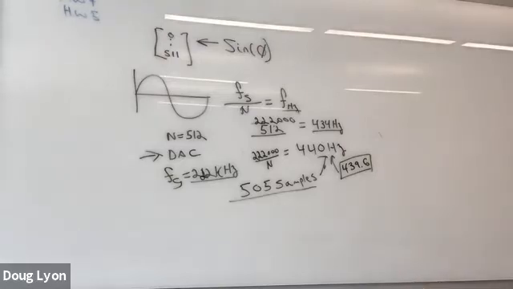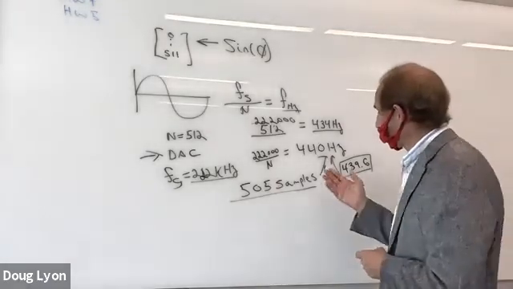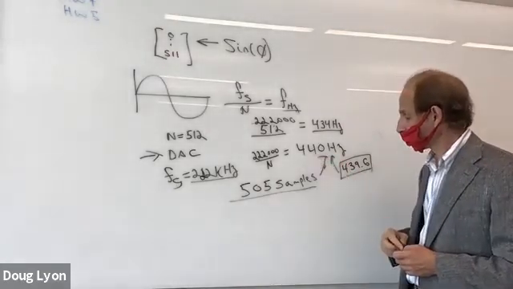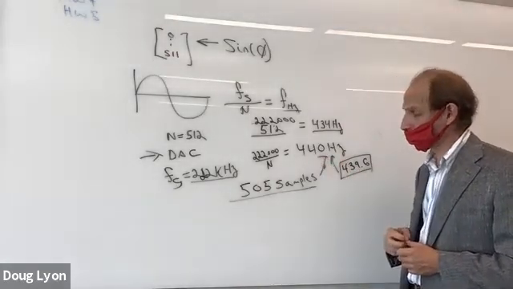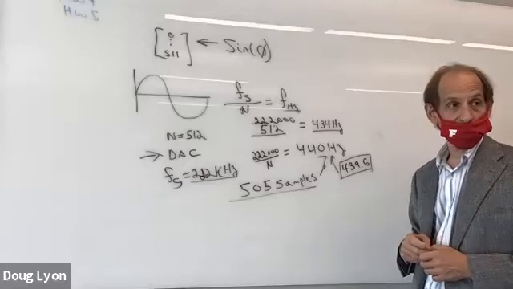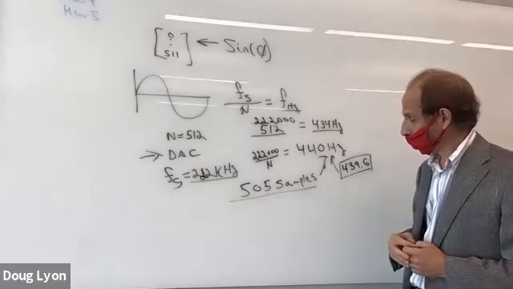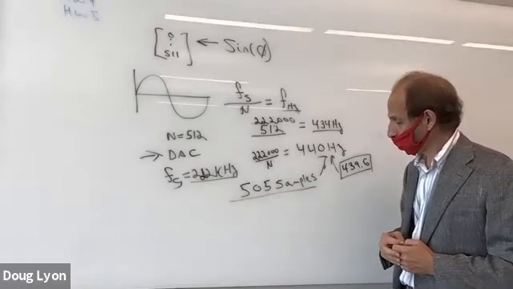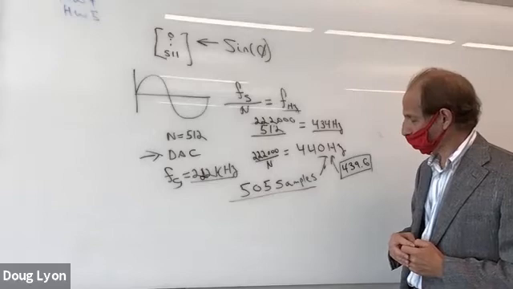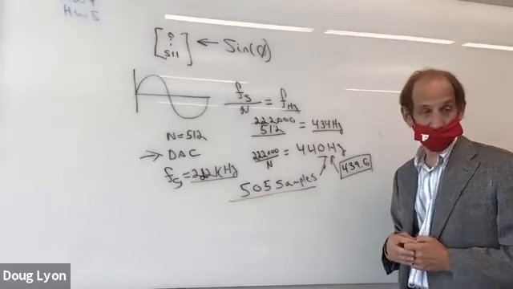What would happen to me if I wanted to go up an octave, right? Suppose I wanted to go to 880. 880 is exactly 1 octave higher. What would I do with my number of samples? And the answer is I cut it in half, and I get 252 samples.